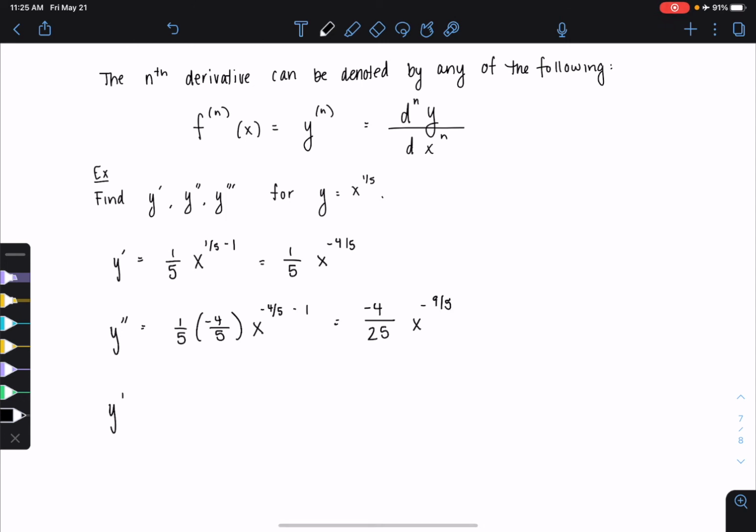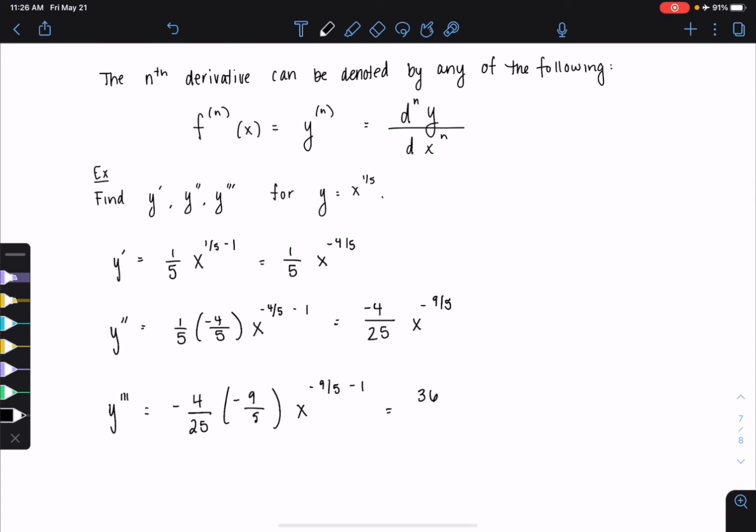And again, the third derivative, 3 tick marks isn't so bad, but if you wanted to put a 3 in parentheses, that's perfectly fine too. So same thing, we bring the power down. So we bring this negative 9 over 5 down, and we decrease this by 1.